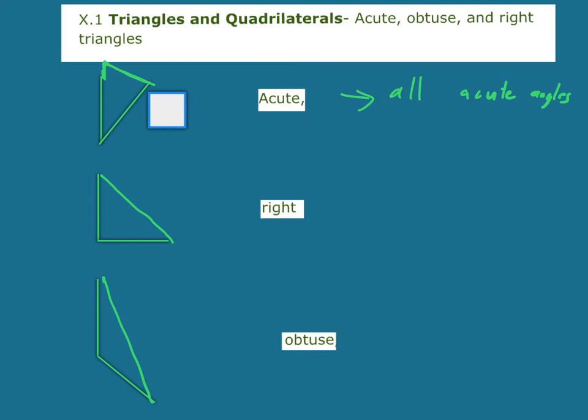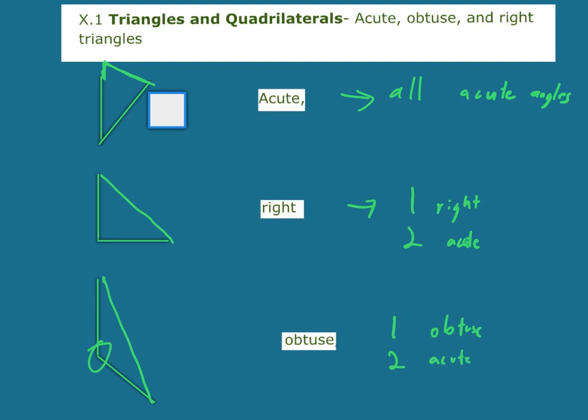In a right triangle, which is this one, there's 1 right angle. It's always going to have 2 acute angles, but it's got 1 right angle and 2 acute. And with an obtuse triangle, there's 1 obtuse angle and 2 acute angles.